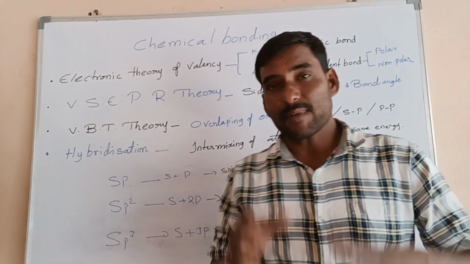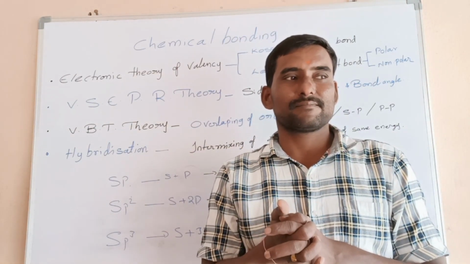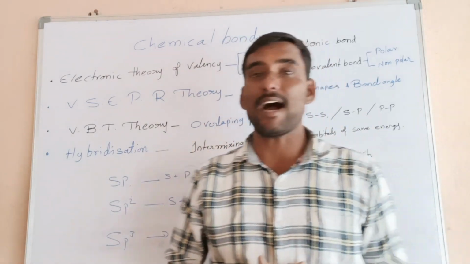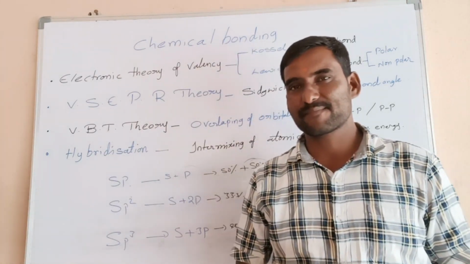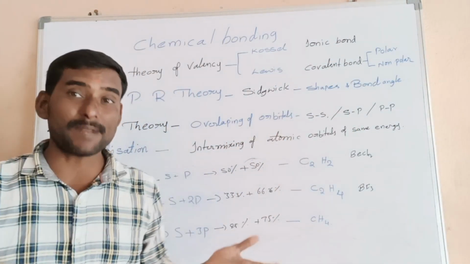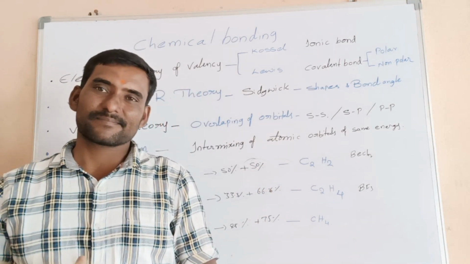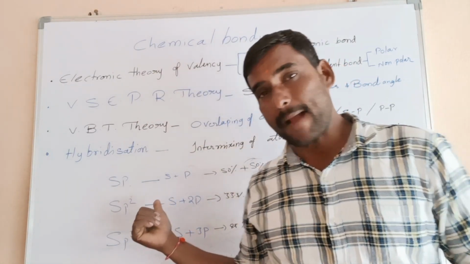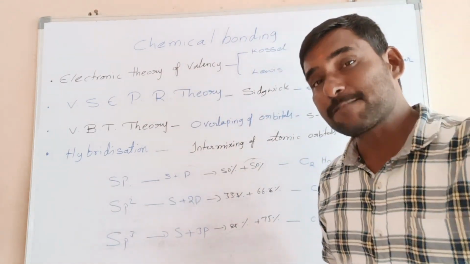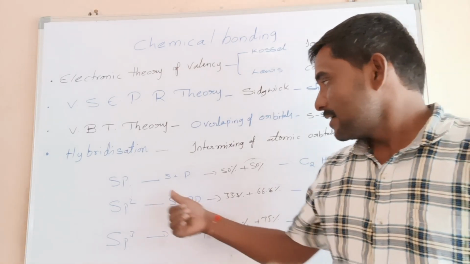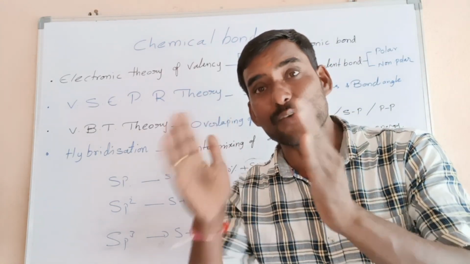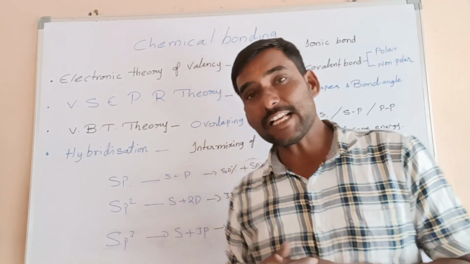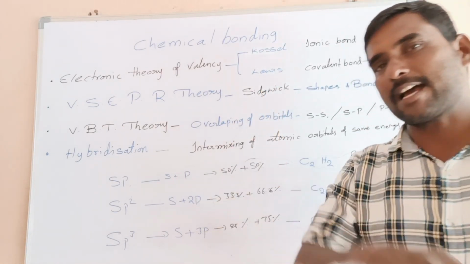Now the last theory is hybridization, given by Linus Pauling. Hybridization means the intermixing of atomic orbitals of almost equal energy to form an equal number of hybrid orbitals of equal shape and size. Based on this, they explain some molecule structures. For example, sp hybridization, sp2 hybridization, sp3 hybridization. sp means 1 s orbital and 1 p orbital. sp2 means 1 s orbital and 2 p orbitals. sp3 means 1 s orbital and 3 p orbitals.